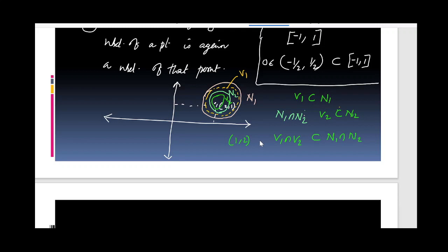Your point x belongs to v1 intersection v2, which is contained in n1 intersection n2, which implies n1 intersection n2 is a neighborhood of x. So whenever you have two neighborhoods, its intersection is also going to be a neighborhood.